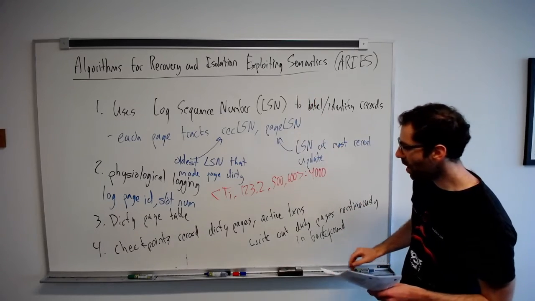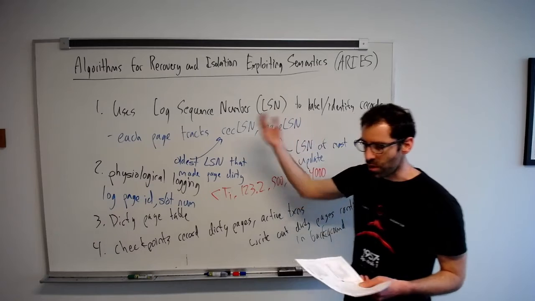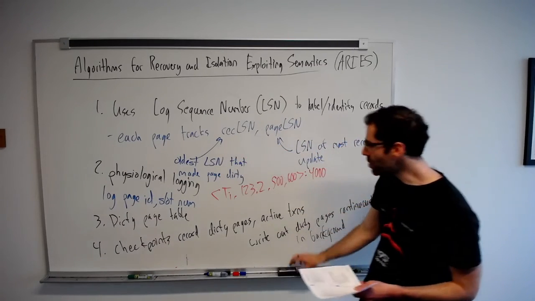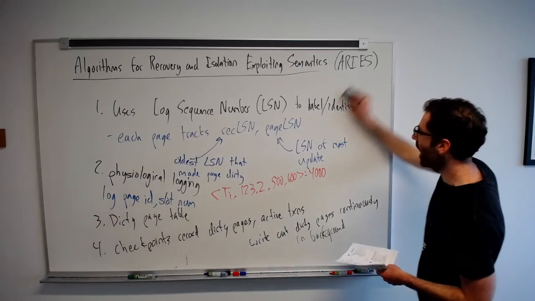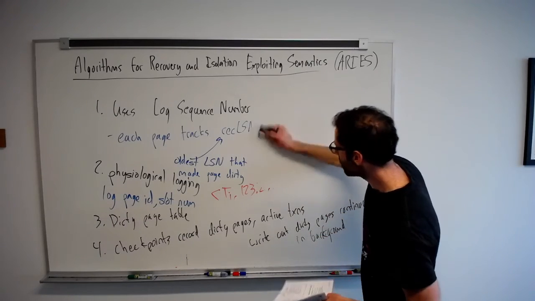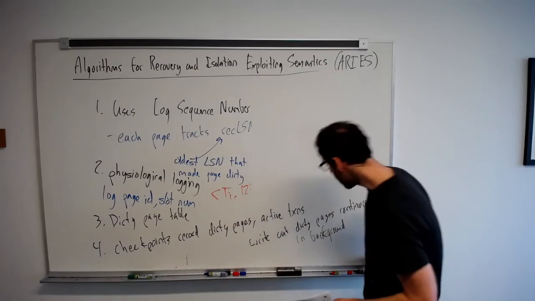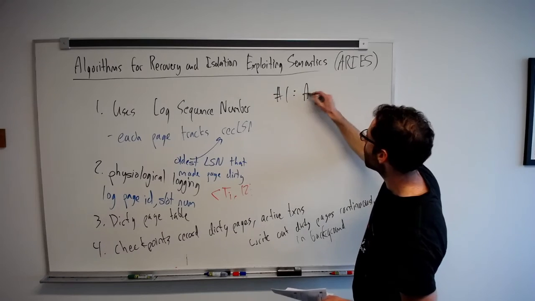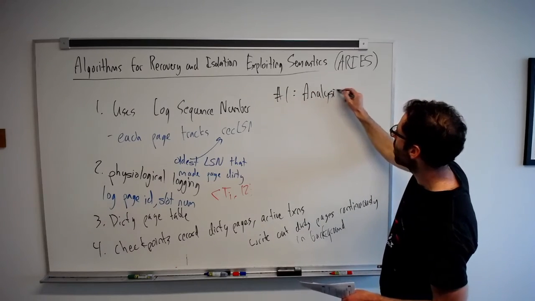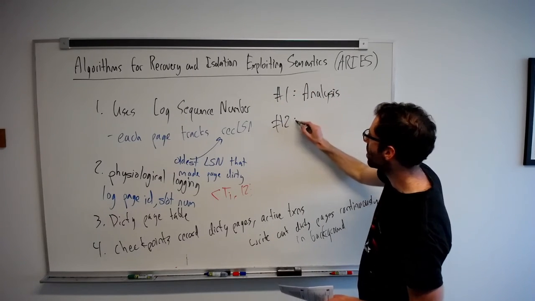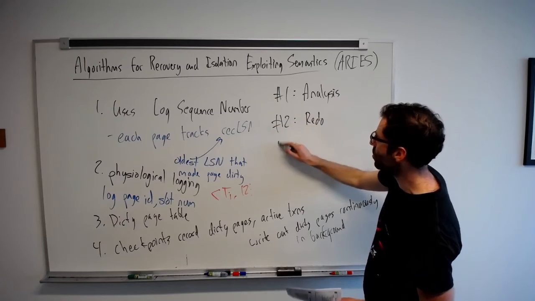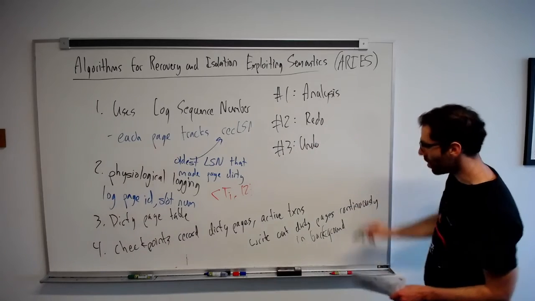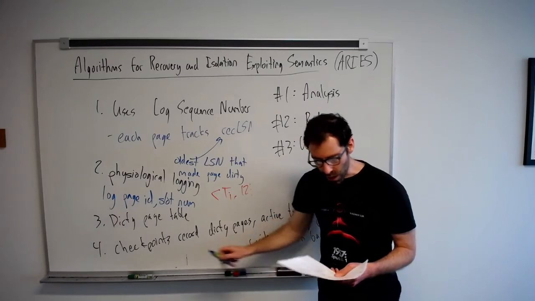With Aries, we saw that the recovery algorithm that I previously talked about had two phases, redo and then undo. Aries is going to add a third phase. First, we're going to do analysis, then redo, then undo. What is this analysis going to accomplish?